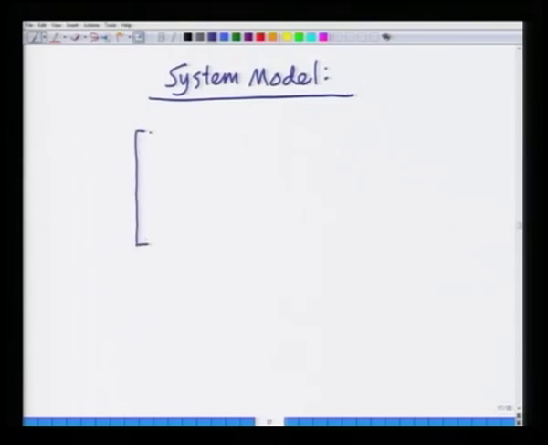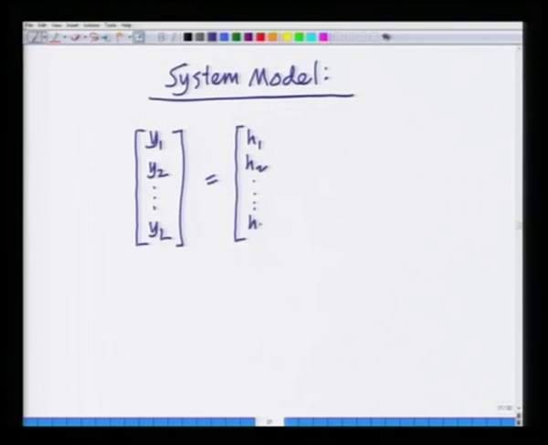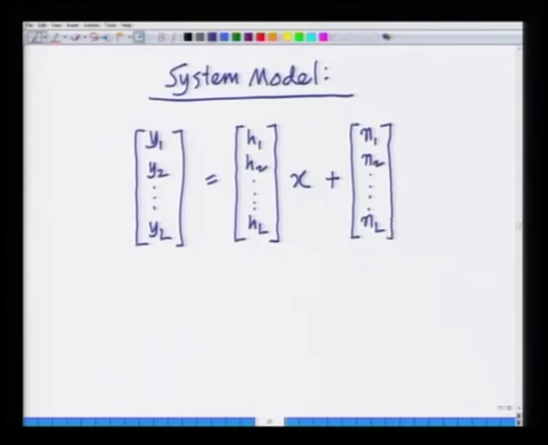Let me write it down: y1, y2 up to yL, which is an L dimensional vector, is equal to h1, h2 up to hL, which is another L dimensional vector, times x, plus n1, n2 up to nL, which is another L dimensional vector.